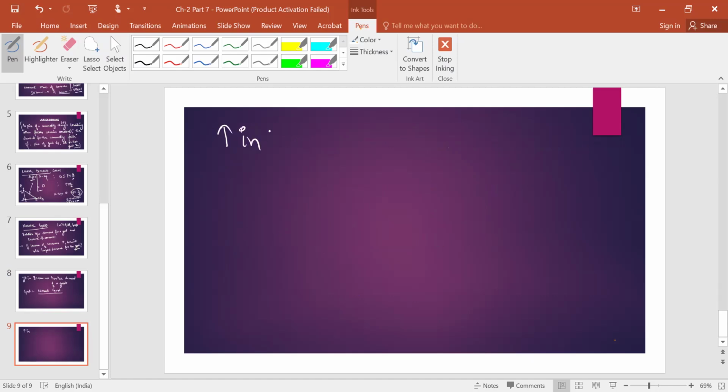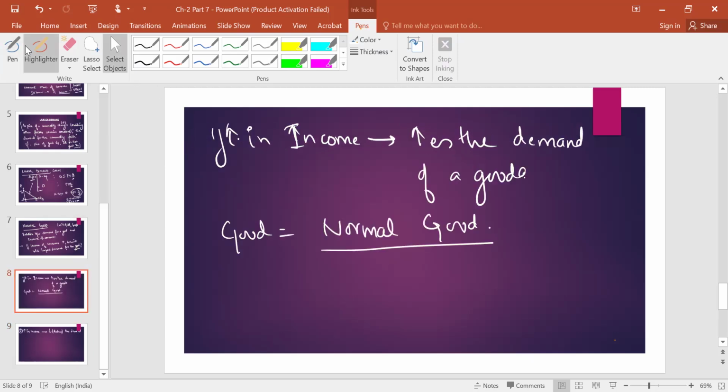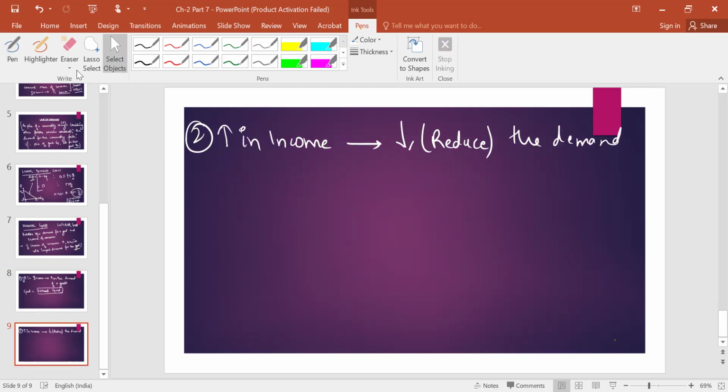Correct. But there is another case, when an increase in income can reduce the demand of a good. So this is the second scenario, and this was the first scenario, the case of a normal good, and this is the second scenario where an increase in income reduces the demand of that good.